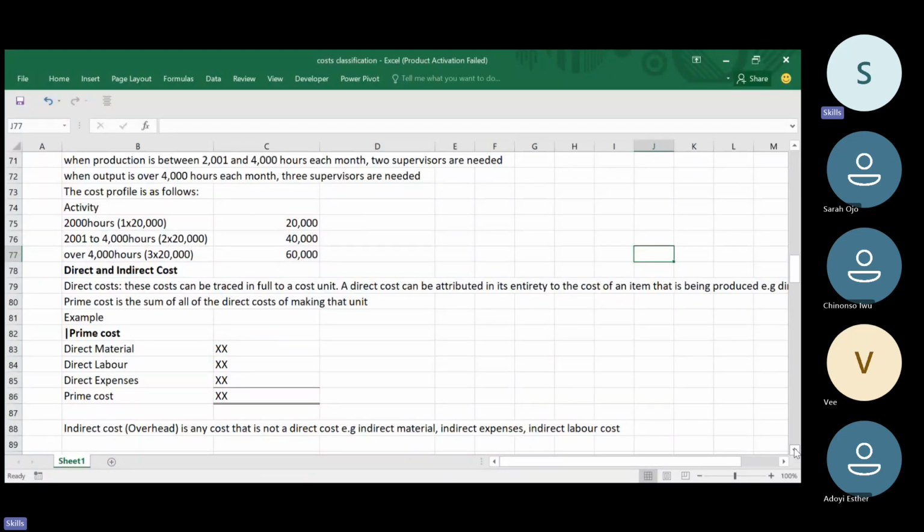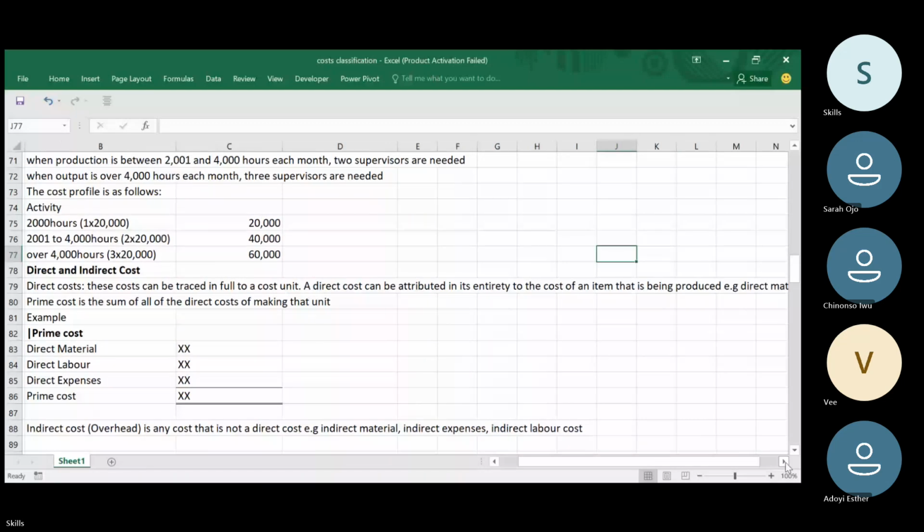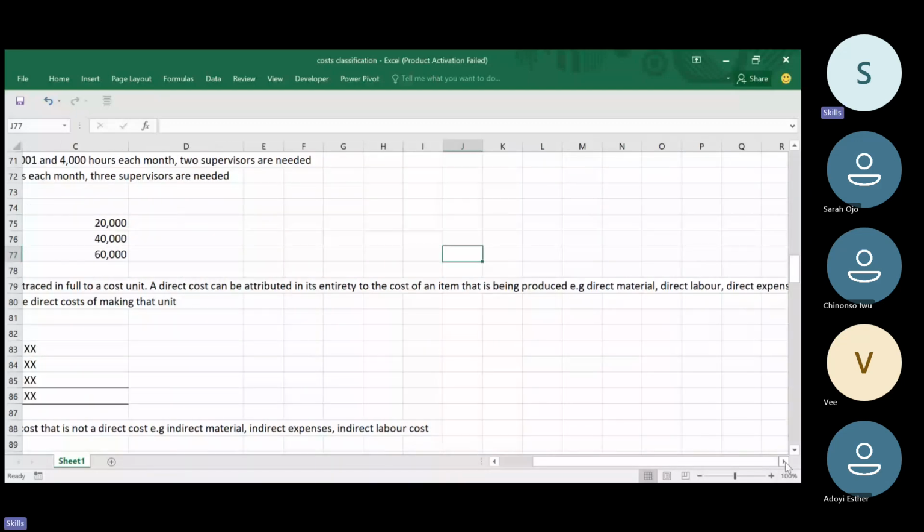A direct cost can be attributed in its entirety to the cost of an item that is being produced. For example, direct material, direct labor, and direct expenses. These are examples of direct cost.